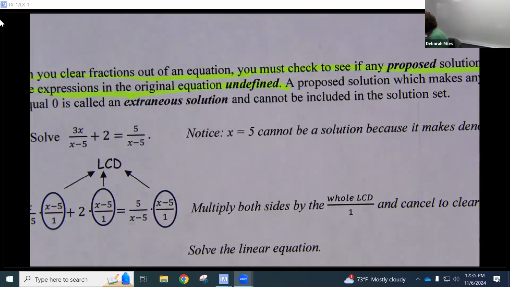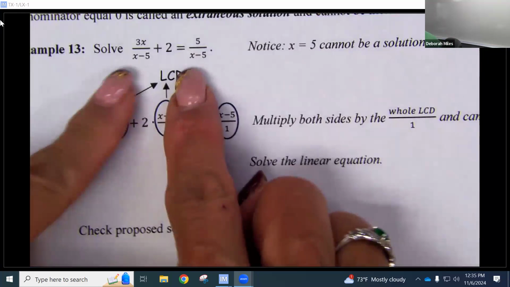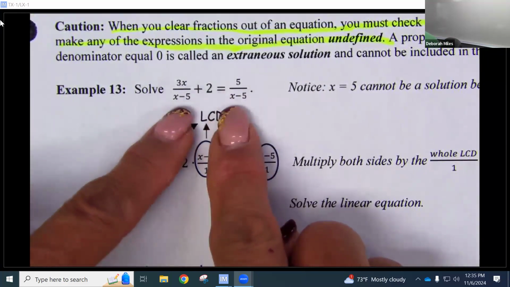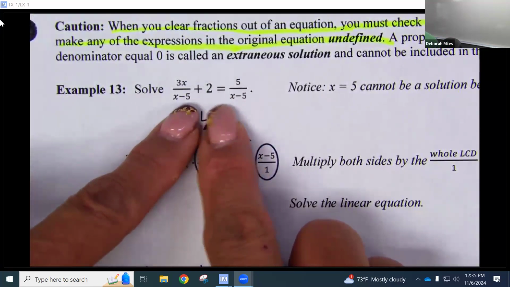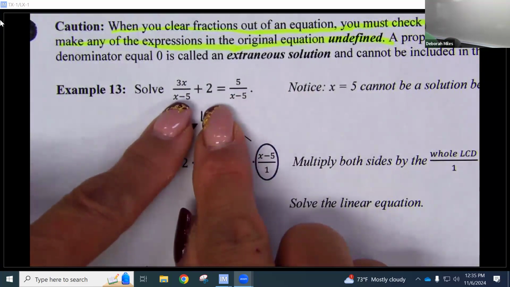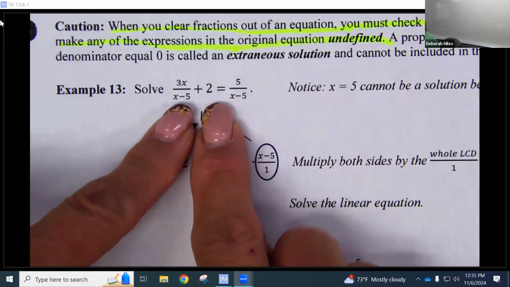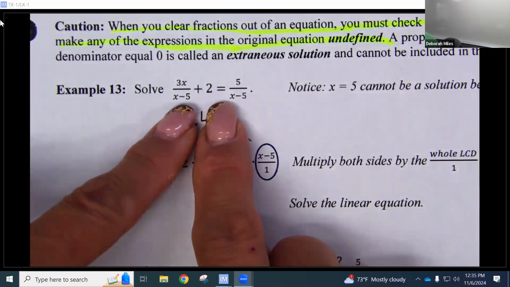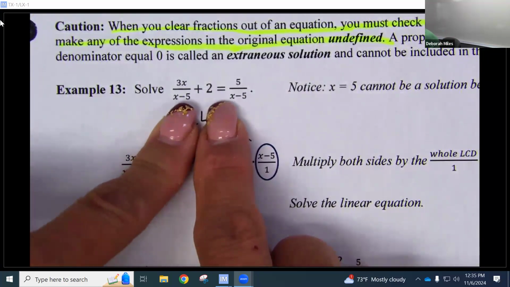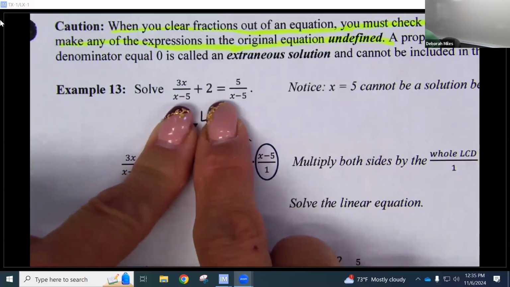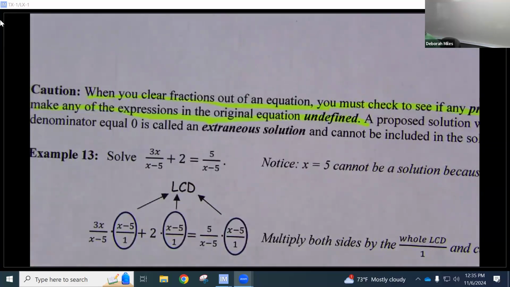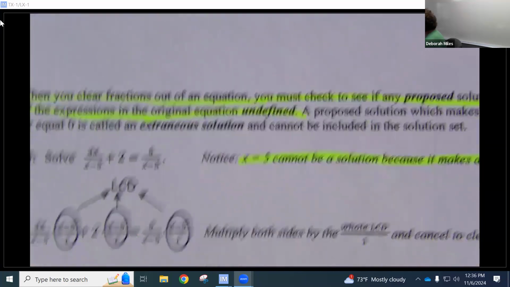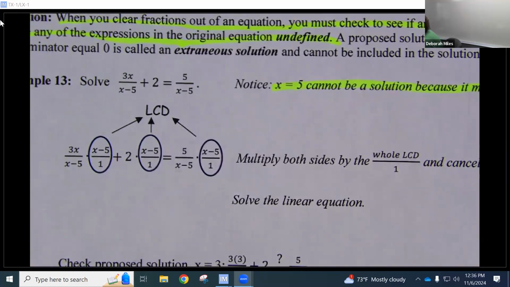I cannot allow that to happen. So this equation, in example 13, if I were solving it, and let's say I came up with x equals 5, could I use the 5? Could I let x be 5 in the original equation? No. So if that's what I come up with at the end, I'm just going to have to mark it out. But I made myself a note here, so checking to make sure I didn't forget, I can't use 5 as a solution.